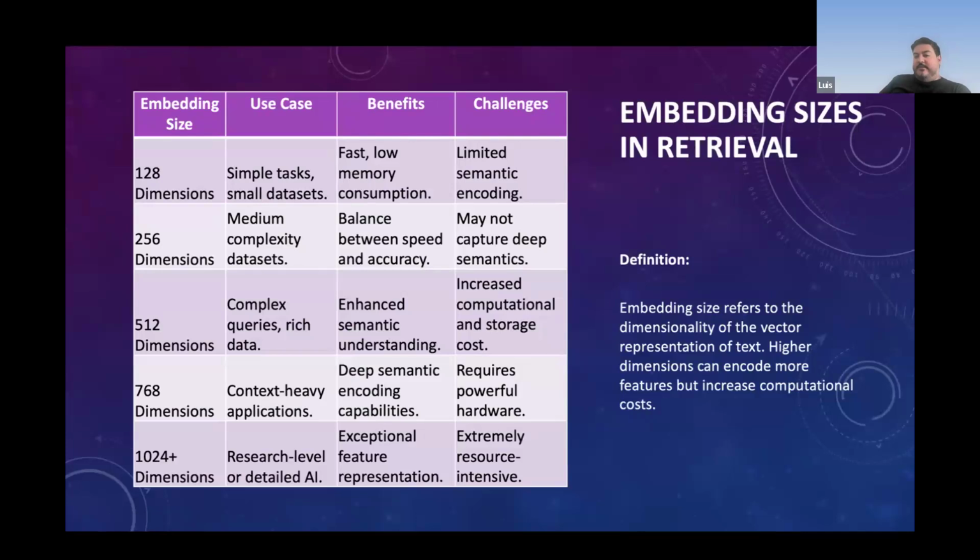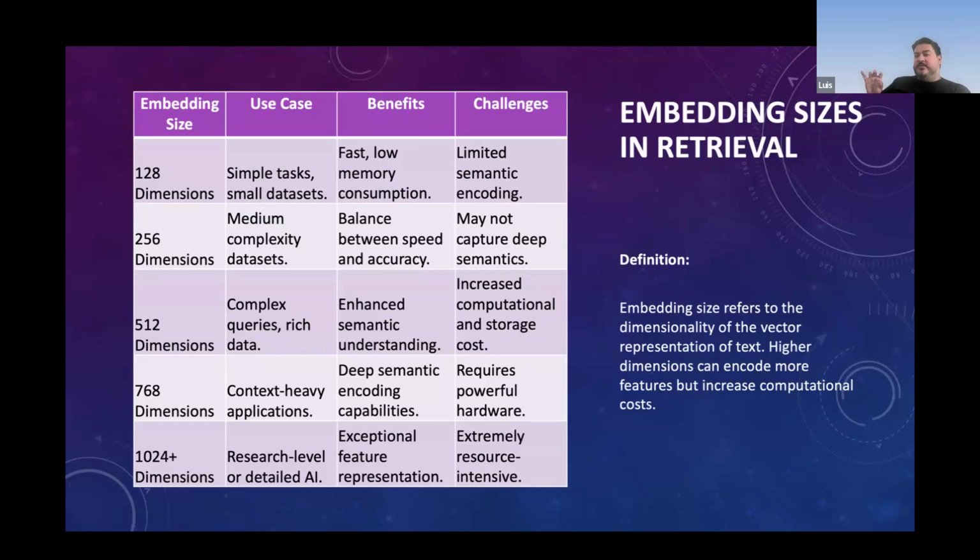Like I said before, there are different ways you can chunk it and different ways to embed your models, with different sizes of embedding. If you have very small text and you're doing one-sentence embeddings on your vector store, you can use a very small dimensional size for small tasks and small data sets. When you set up your embedding model, you can set the size that you're looking for.